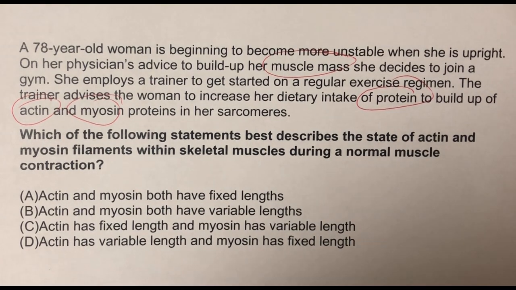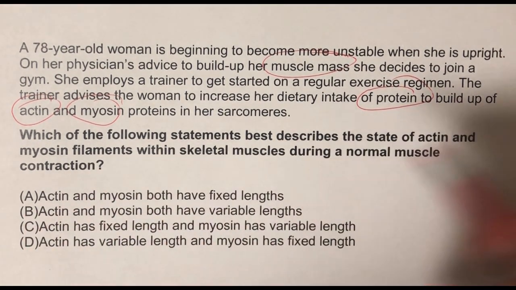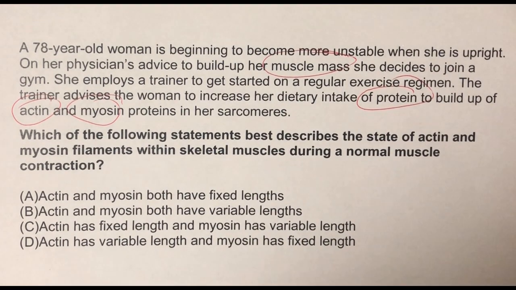That's good information, but it really doesn't help us answer the question. So this is a standalone question. The lead-in here, which of the following statements best describes the state of actin and myosin filaments within skeletal muscles during a normal muscle contraction, can stand alone and doesn't really need a clinical vignette.